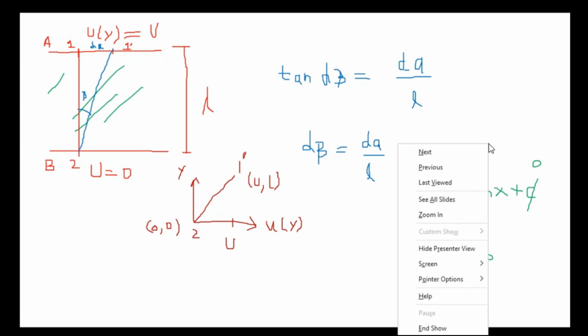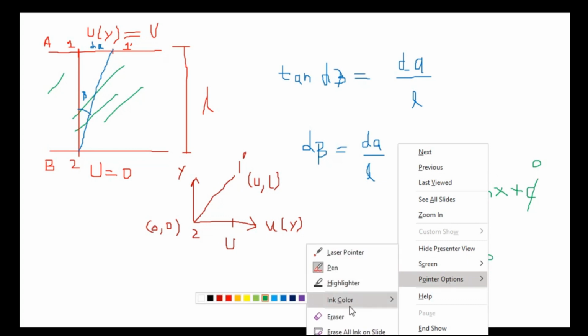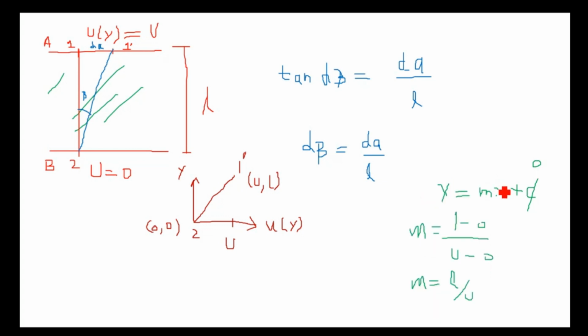and here x is, inside the equation if I change x, here this x is small u of y, velocity as a function of vertical coordinate. Okay, so your equation would be y equals to L by capital U, which is constant.